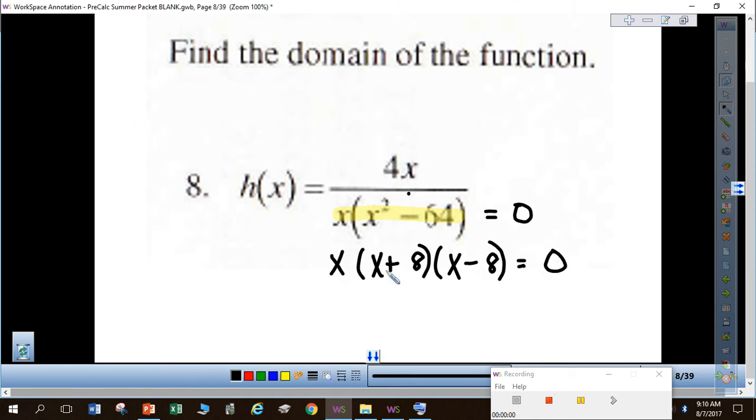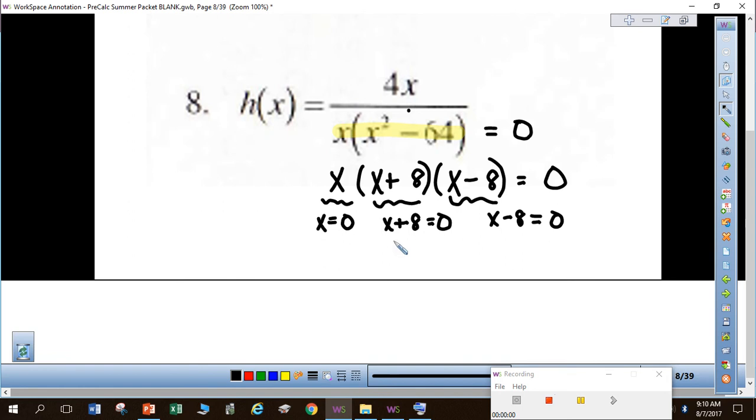So now that we have these three factors shown being multiplied together, if they're equal to 0, we can say that there are three possible solutions found by setting each factor equal to 0 and solving each one for x if needed. So the first possibility, we just have x equals 0, so that one's done.